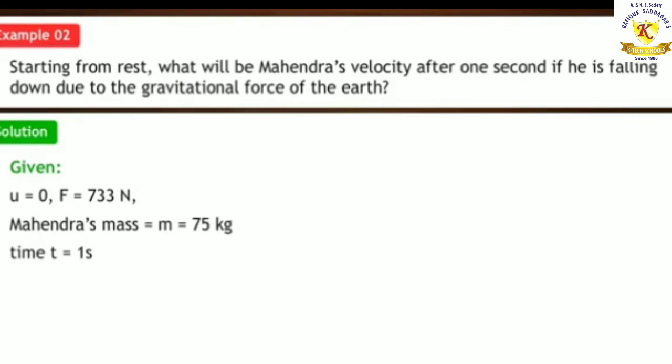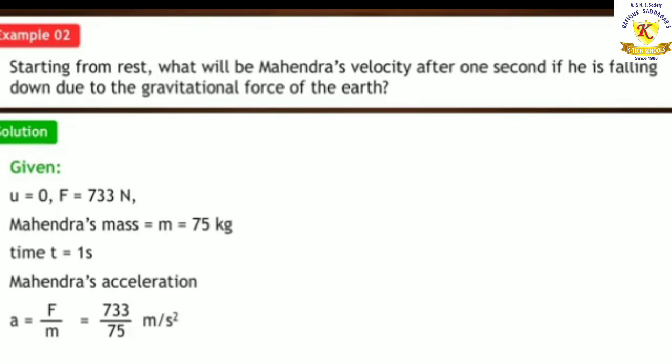Time t is 1 second. Mahendra's acceleration a is equal to F upon m, that is 733 upon 75 meter per second square.